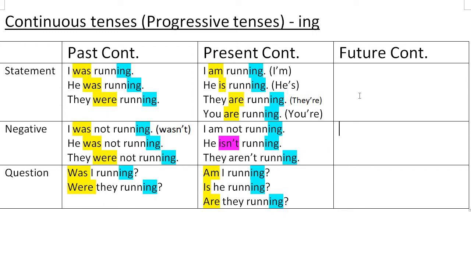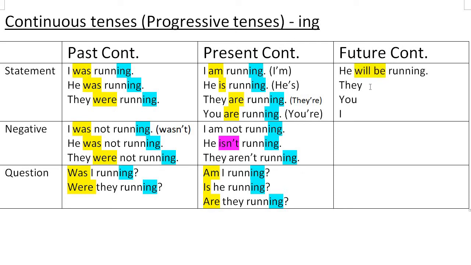Okay. Right. Then we get to future continuous, which is a little tricky, but in actual fact, it is simpler. Okay. And I'm just going to write one here. He will be running. The reason why I'm writing just one is because whether it's he or they or you or I, it doesn't matter. It will always be will be.